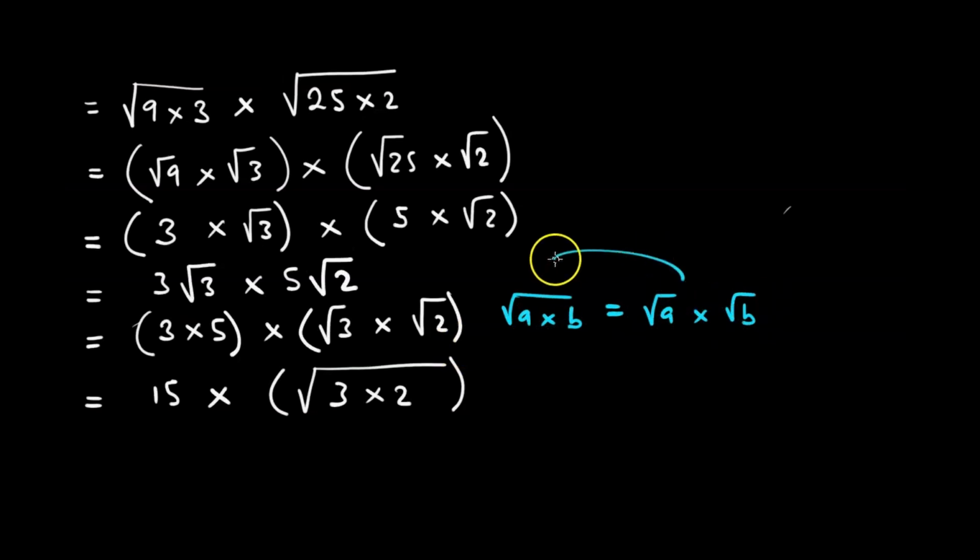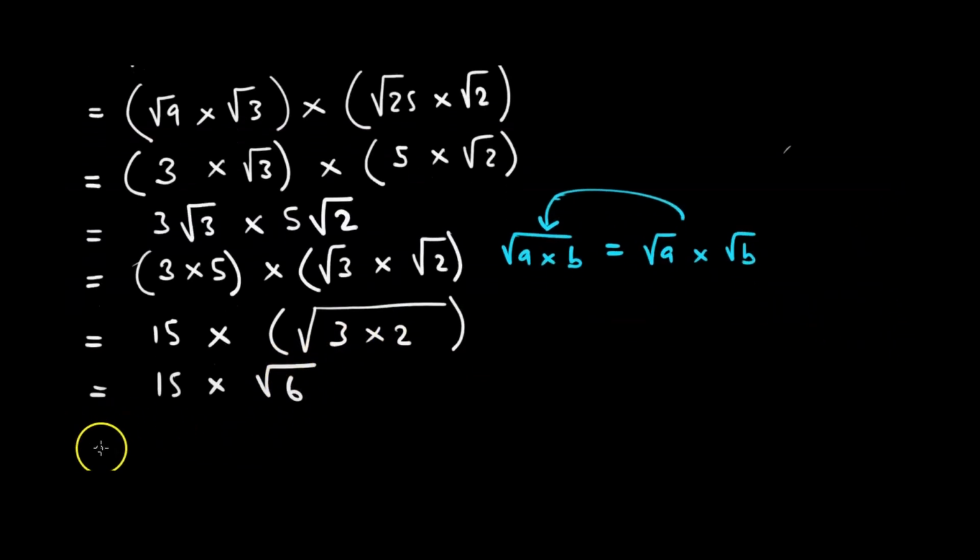Saka zvangoitika apa ndezvekuti paitika a reverse. Okay, so this is equal to 15 multiplying, of course, the square root of 6, 3 times 2. So our final answer is going to be 15 root 6. That is how we do it.